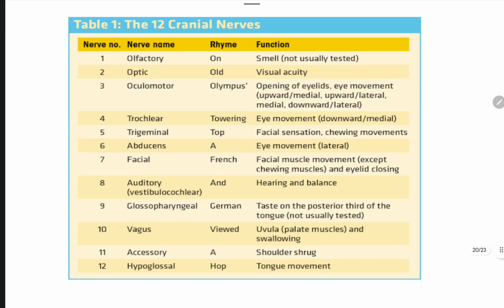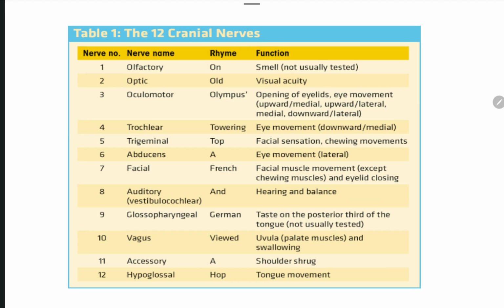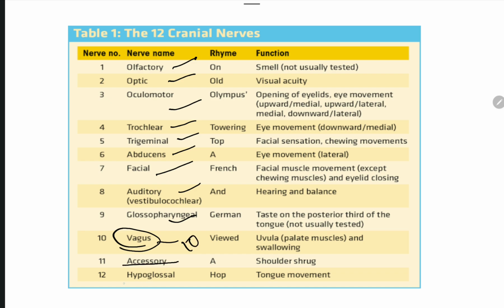So we will see the cranial nerves over here. First one is the olfactory, second is optic, oculomotor, trochlear, trigeminal, abducens, facial, vestibulocochlear, glossopharyngeal, vagus. Vagus is the 10th number, then accessory and hypoglossal. So these are the 12 cranial nerves.